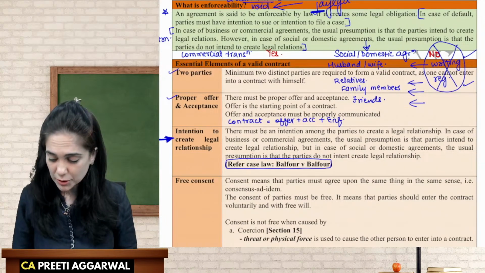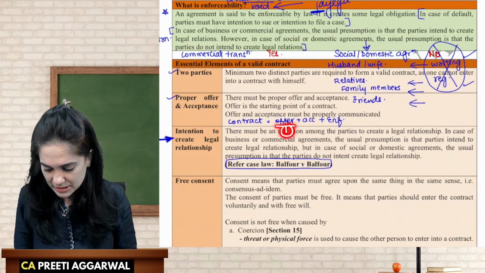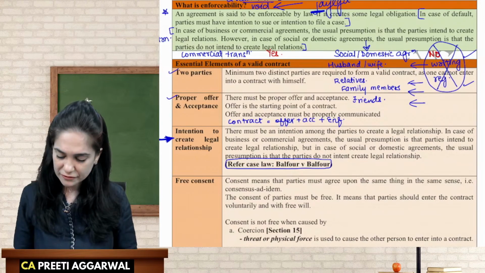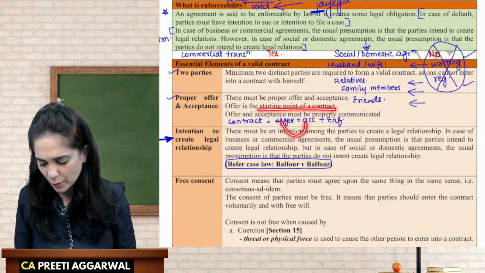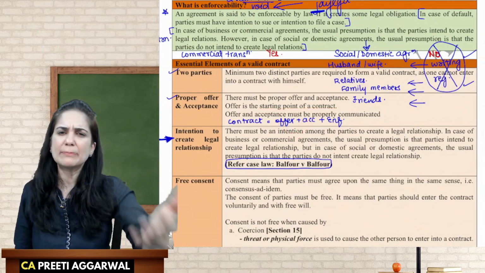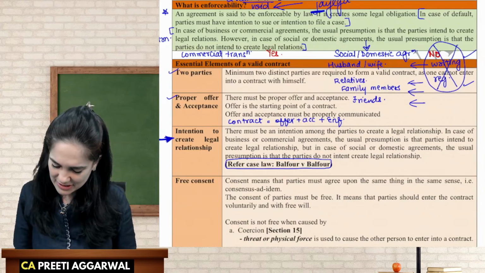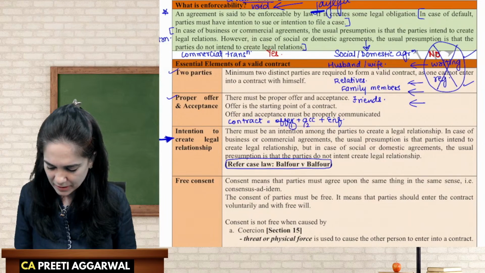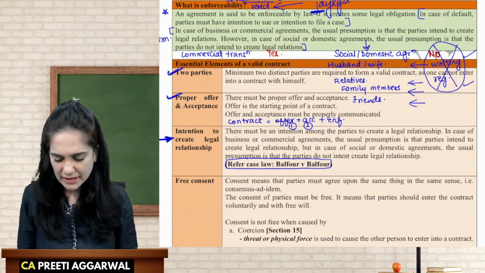In order to make a valid contract, I need offer. Offer is the most important element. Offer is the starting point of contract and this offer must be properly communicated. The other party will accept only when they know about the offer. And once the offer is communicated, the second important step is acceptance. So the second element is that there must be proper offer and acceptance.